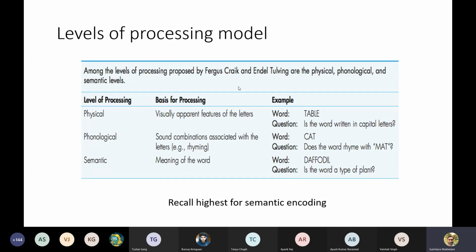See, what Craik and Tulving are saying is that they are giving you ways in which you can think about semantics, or ways in which you can think about phonological. If you remember, at least I used to mug up many of the historical events using some kinds of poems.